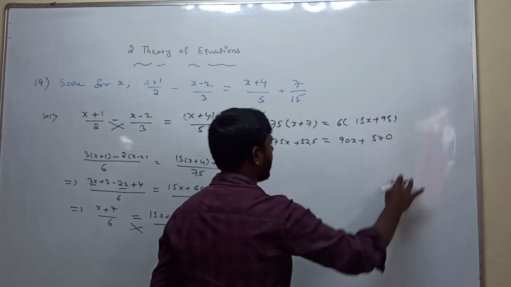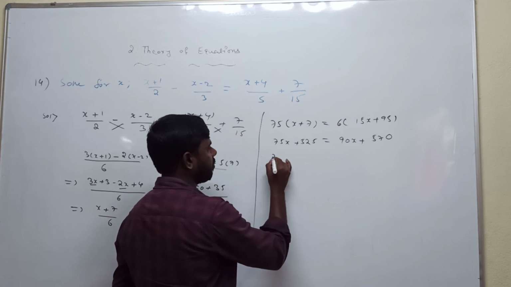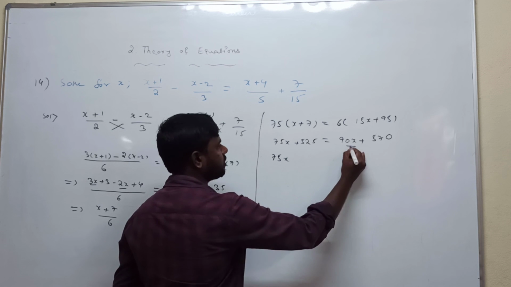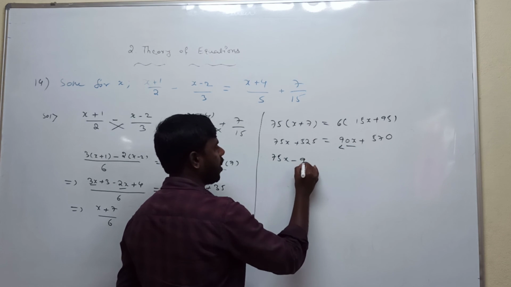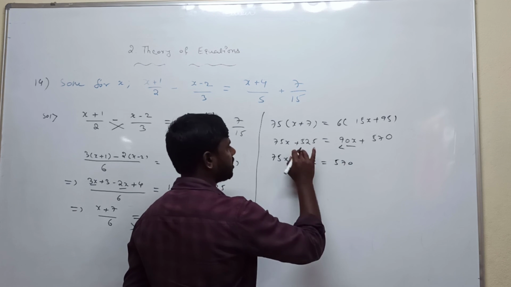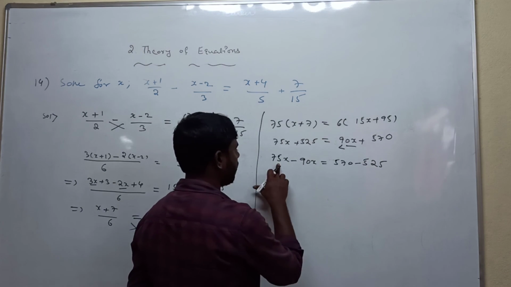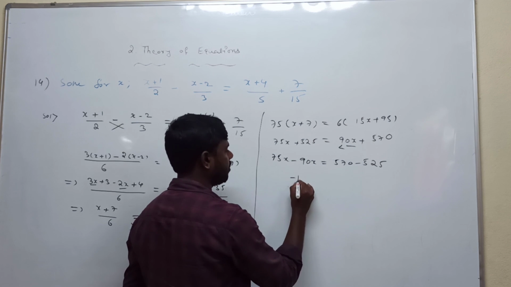Now take the x variable to one side and the constant values to the other side. 90x goes to this side as minus 90x, and 525 goes to that side as minus 525. 75x minus 90x is minus 15x.